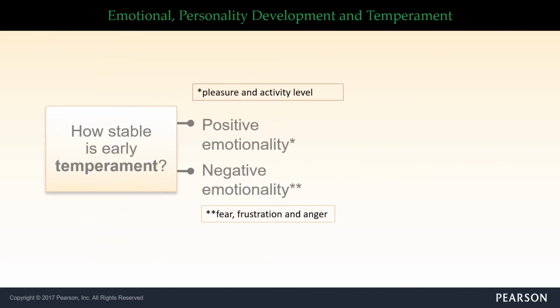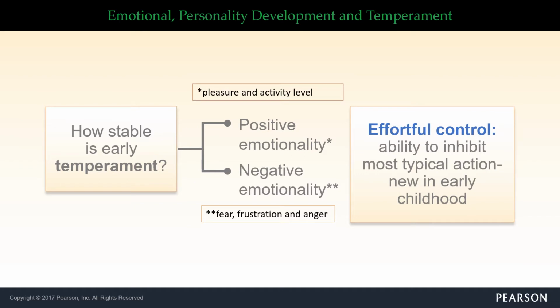So we're going to start out taking a look at temperament in early childhood. And you'll remember in assignment number 1, you talked about the characteristics of temperament. And now we're going to revisit how stable early temperament is. The 3 characteristics that you talked about were positive emotionality, and that is the level of pleasure and activity.